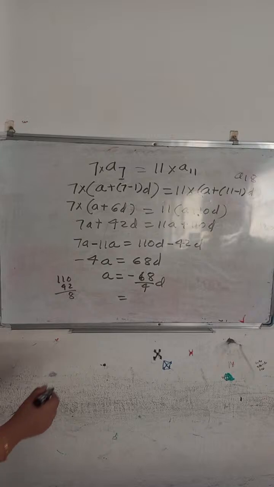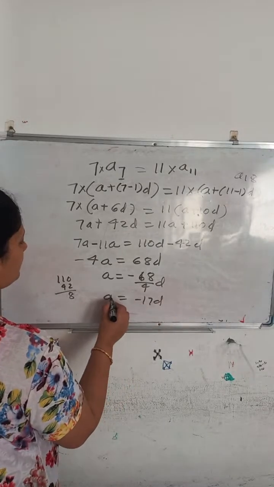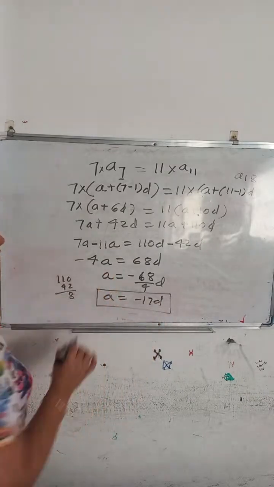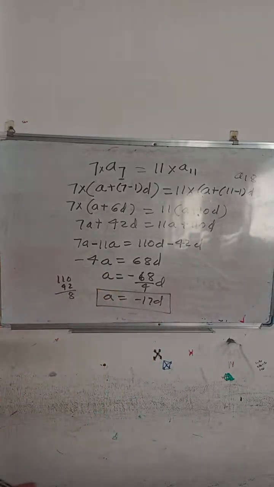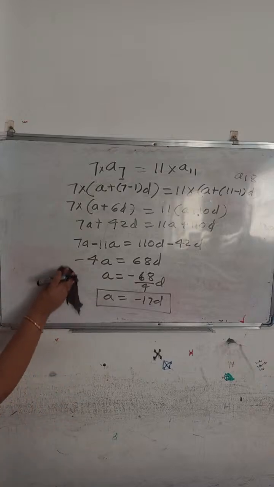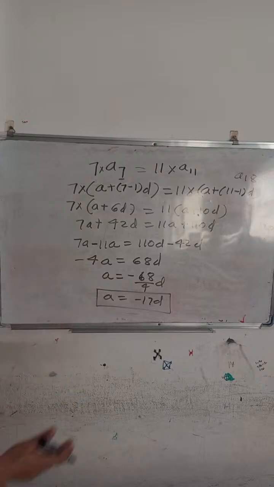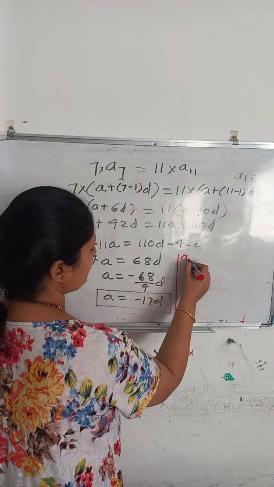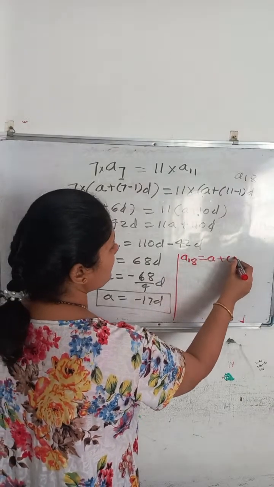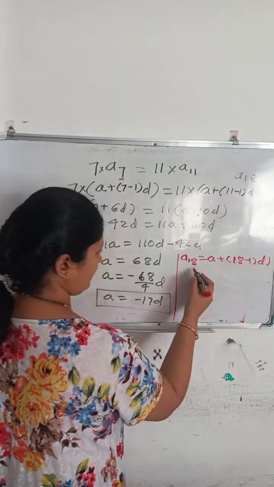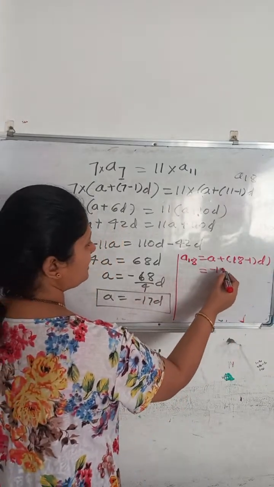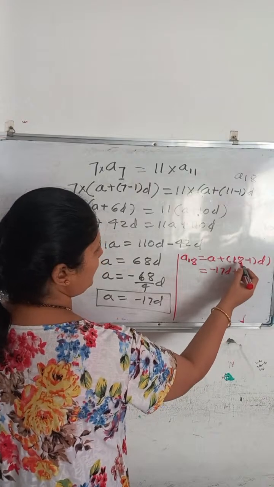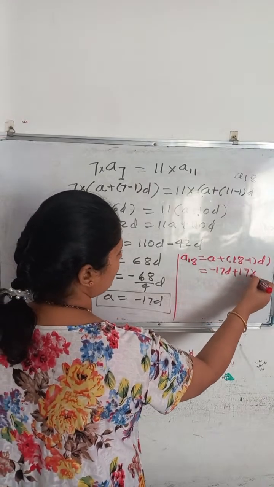So we will get the relation A is equal to minus 17D. I am not getting the exact value of A, but my aim is to find a18, the 18th term. So to find the 18th term, use again a18 is equal to A plus (18 minus 1) into D. A I got as minus 17D, plus 18 minus 1 is 17D.